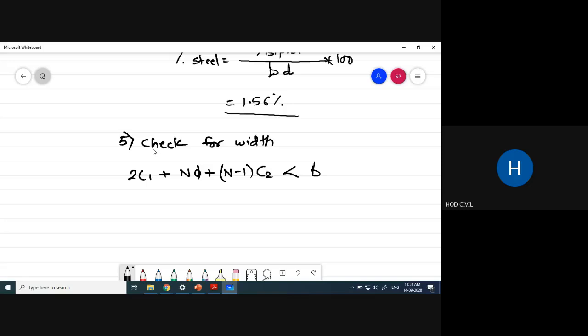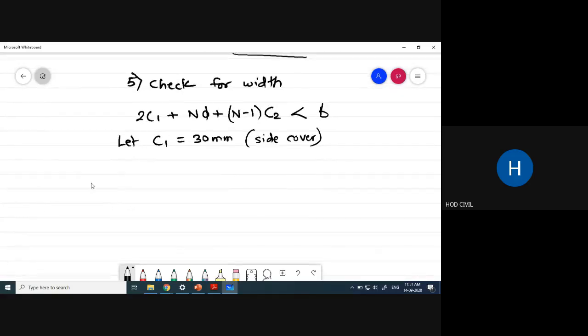N we have already calculated; N is nothing but the number of bars. Bar diameter is already known to us. So let C1 be 30 mm. C1 is nothing but the side cover to the beam. So I will simply write it in the bracket, side cover.